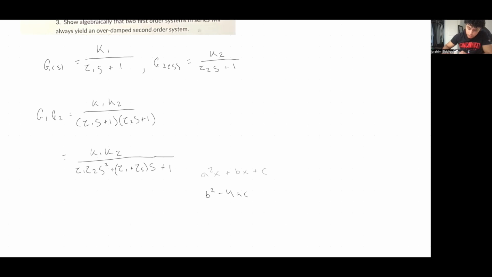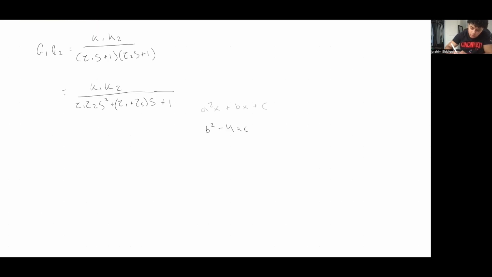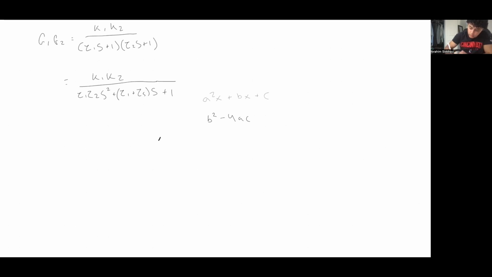Okay, from this we can finally look at our discriminant. Our discriminant, which is that delta sign right there, will equal tau 1 plus tau 2 squared minus 4, again, this is our B term, and minus 4 AC, so tau 1 times tau 2 are our A and C respectively.